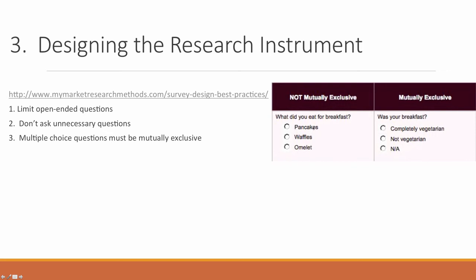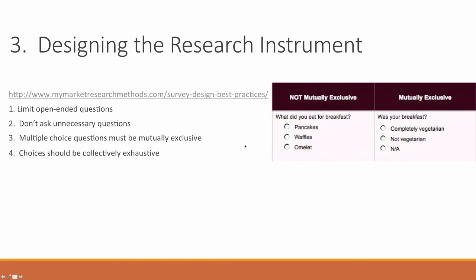Is it possible that they ate both pancakes and waffles? So these categories don't mutually exclude each other, unless of course they're allowed to choose more than one answer. Now if you look at the second one, was your breakfast completely vegetarian, not vegetarian, or there is no answer that you can give? In that way, they can only answer one way, so they're mutually exclusive.